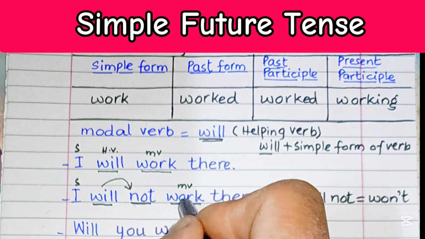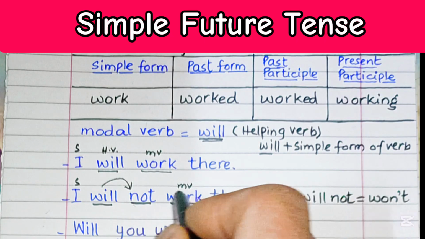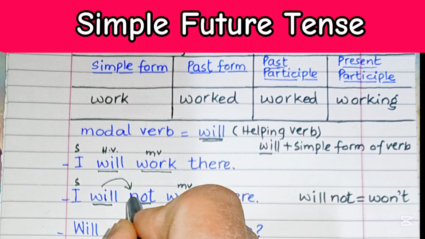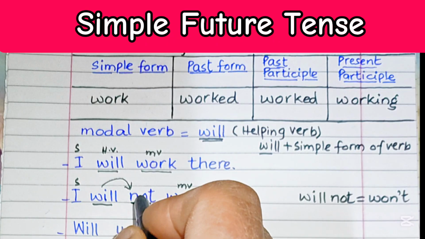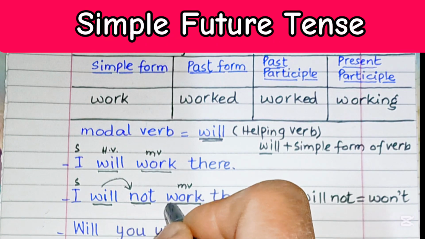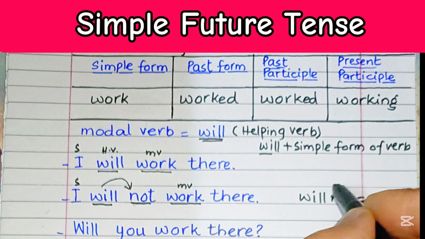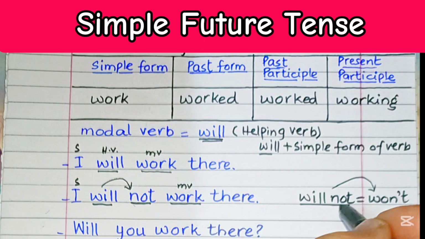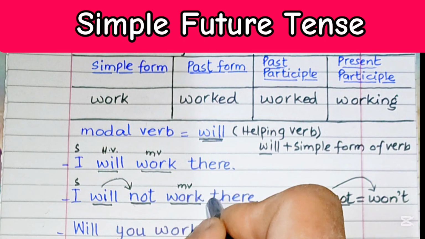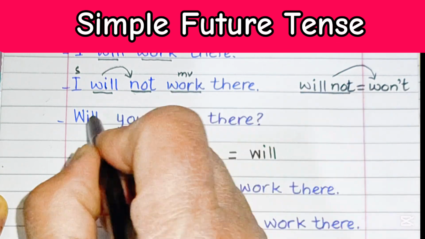I will not work there. These two words, will and not, are often contracted to won't. So instead of saying will not, we may go for won't. I won't work there.